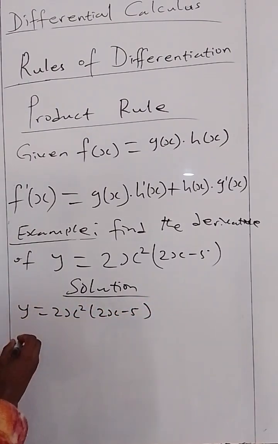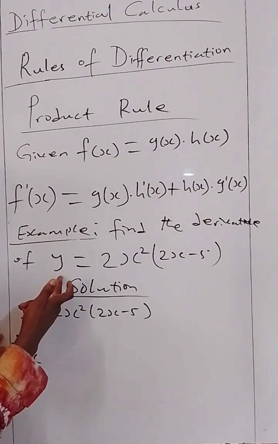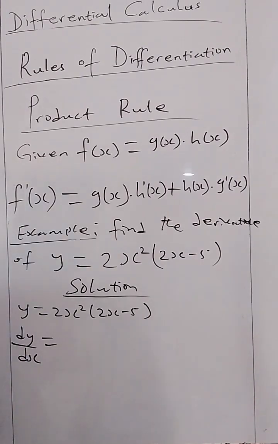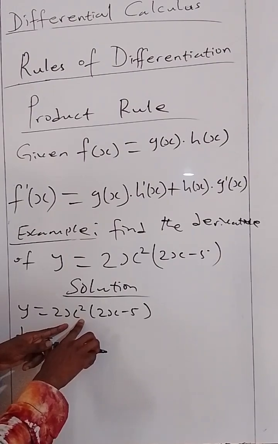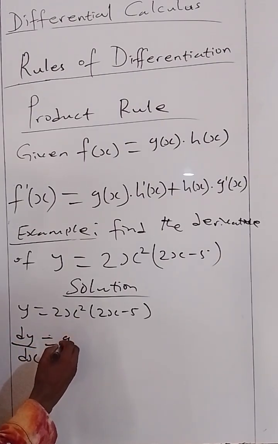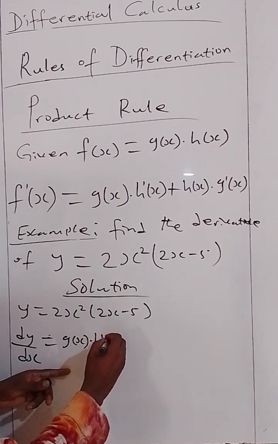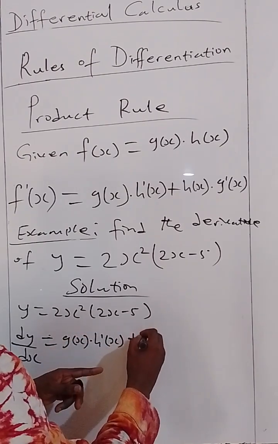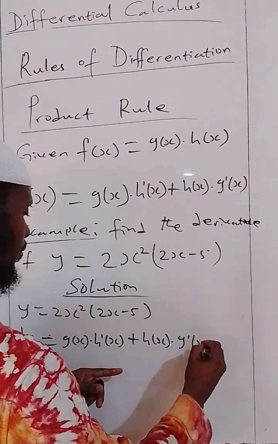Okay. So the rule says that dy/dx is equivalent to f prime of x. But because we are given y here, we want to maintain that. So it is equal to the first function, which we hold constant, g of x, then we differentiate the second one, h of x, then plus, the second one we hold constant, then we differentiate the first one.